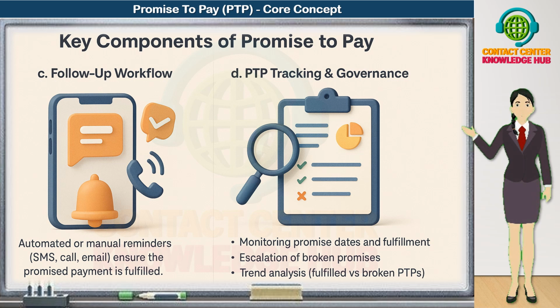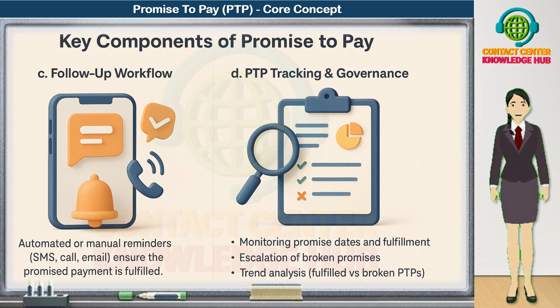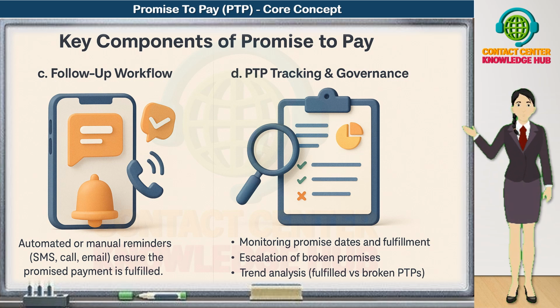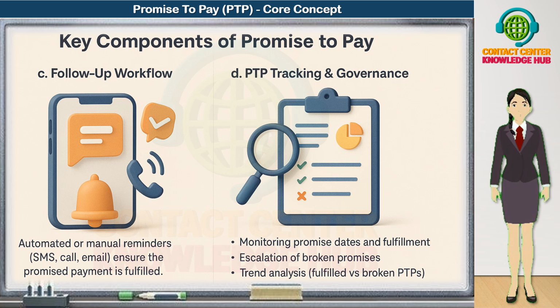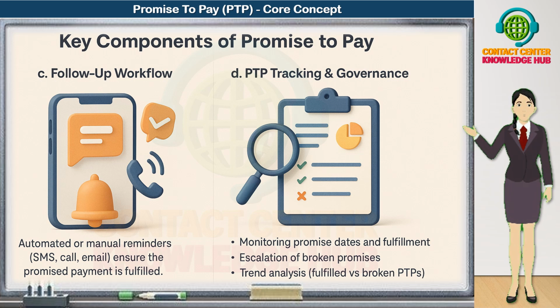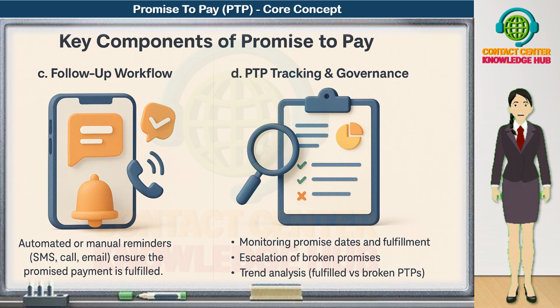Second, PTP tracking and governance. Strong governance ensures every commitment is properly managed. This includes monitoring promise dates and fulfillment, escalating broken promises quickly, and conducting trend analysis to understand the ratio between fulfilled and broken PTPs. When follow-up and governance are done right, organizations move from verbal commitments to actual payments, building both revenue predictability and operational discipline.